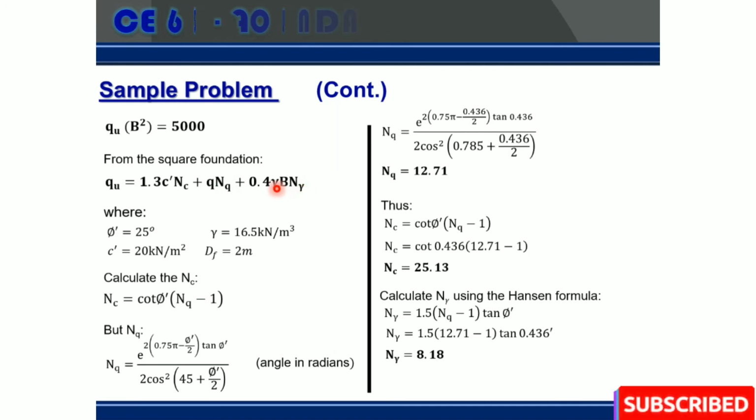We have this unit weight of the soil. The only thing that remains unknown here is the B, which is a function of your qu. But here we have this qu in terms of B, so we can actually solve the value of our B later.